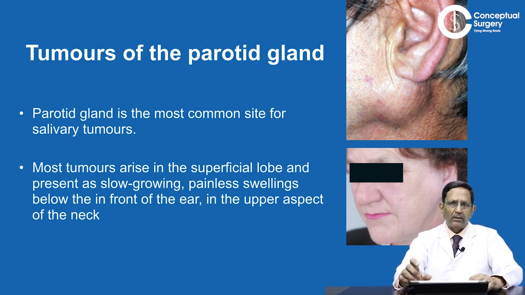So typically in the parotid region, any swelling is a parotid gland tumor until proved otherwise, rather than anything else. It can only be confused with a parotid lymph node, as I have already said. Clinically you cannot differentiate, and for that some investigation will be required. So once you have diagnosed and the facial nerve is intact, it is benign until proved otherwise; if the facial nerve is involved, it is a malignant tumor. A benign tumor does not involve the facial nerve.